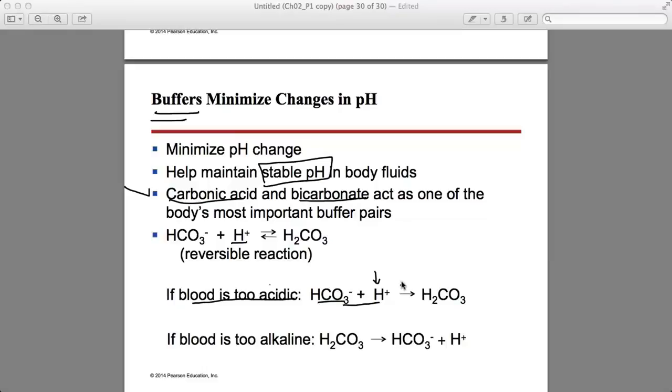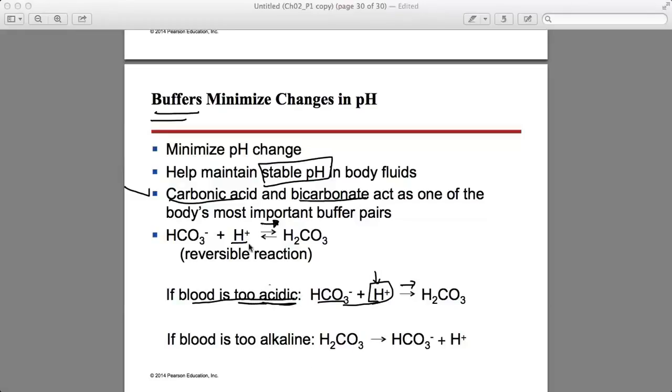So here's the arrow pointing just one way, meaning that the equilibrium reaction is favored going this way to the right. So as you go this way, you remove hydrogen ions, and that brings the pH of the solution back to neutral. If you were originally starting from a too acidic condition, you go back to neutrality.